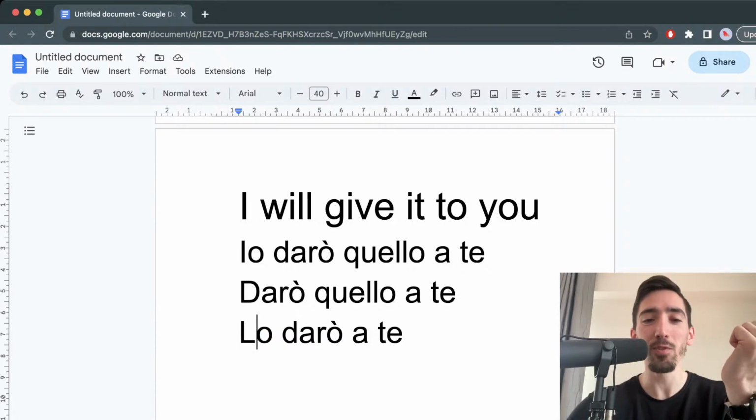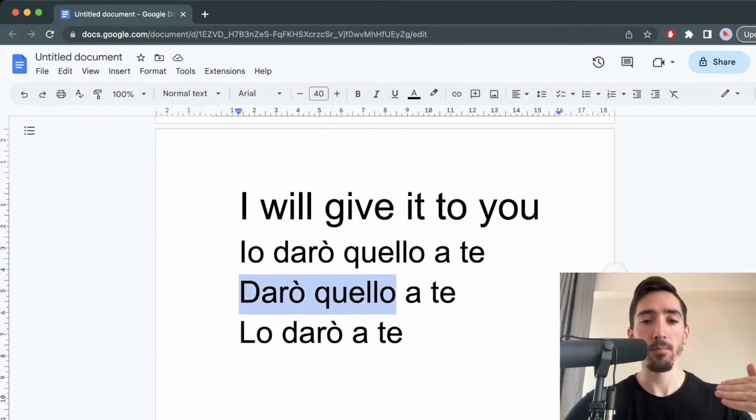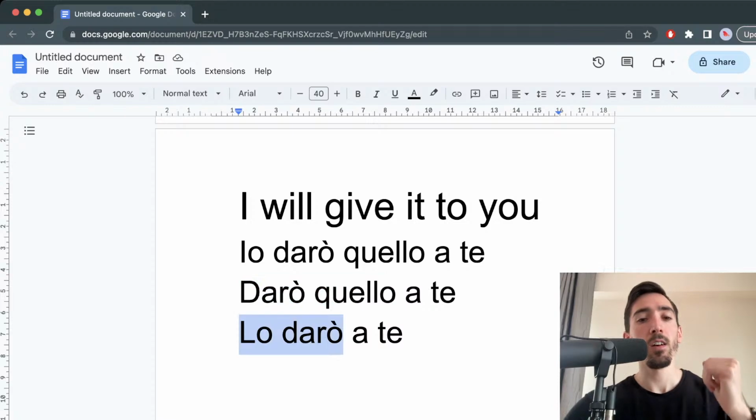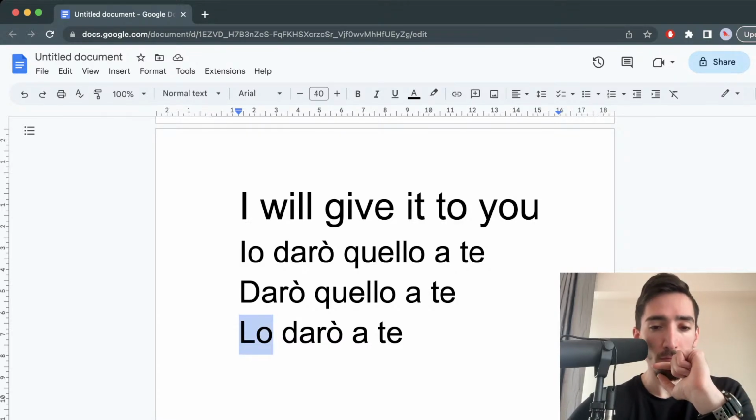One is closed, one is open, right? And we have the accent to tell us that. Lo darò. Lo darò means I will give it. Same as this. But this is using the so-called weak form. Lo darò. This is an object pronoun.